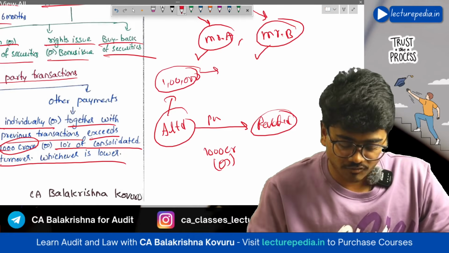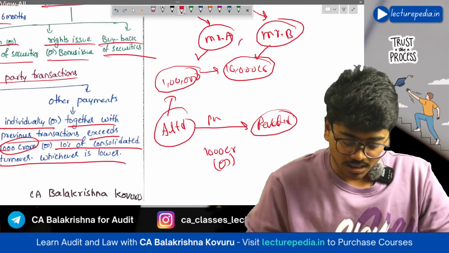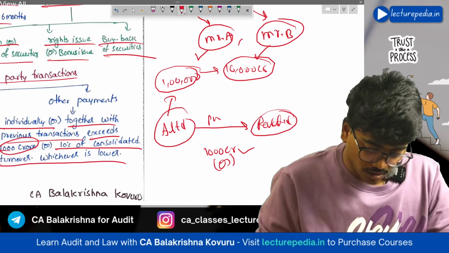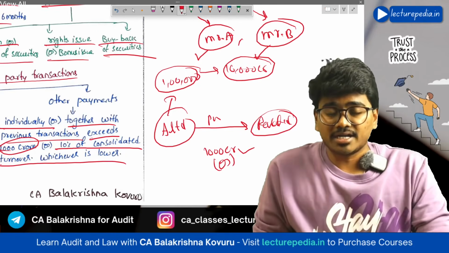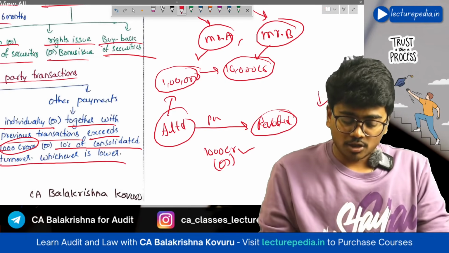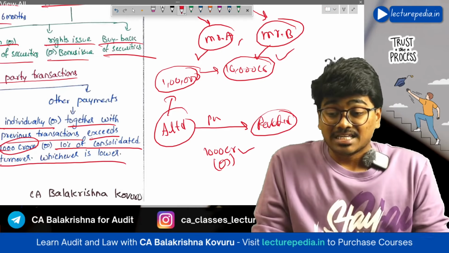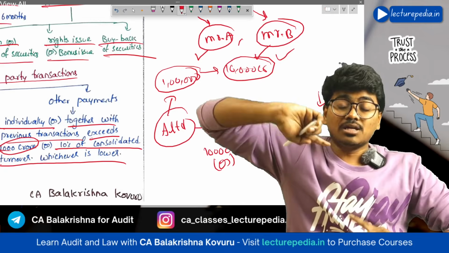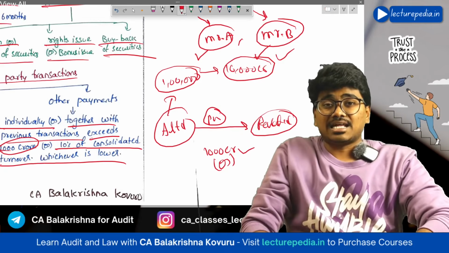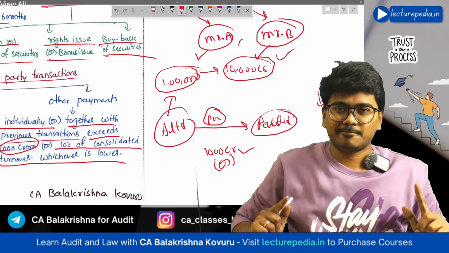Now 10% of 1 lakh crore is 10,000 crore. Now 1000 crore or 10% of the consolidated turnover, whichever is lower. Now if you see, 1000 crore is lower than 10,000 crore. So if the purchase amount exceeds 1000 crore, then such a related party transaction becomes a material related party transaction. Hope that is clear.